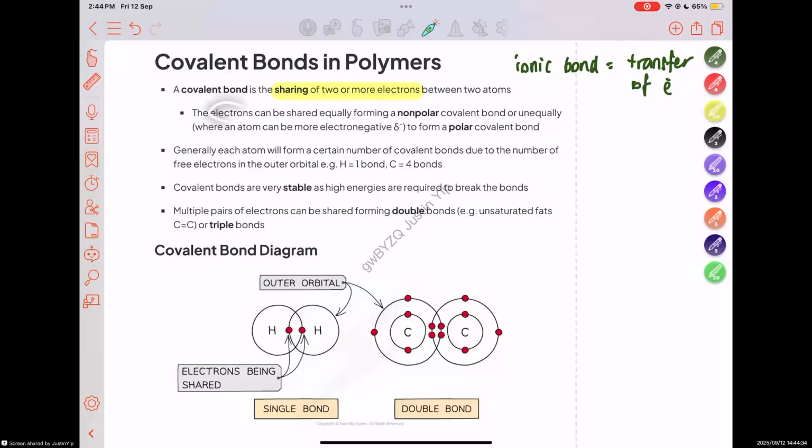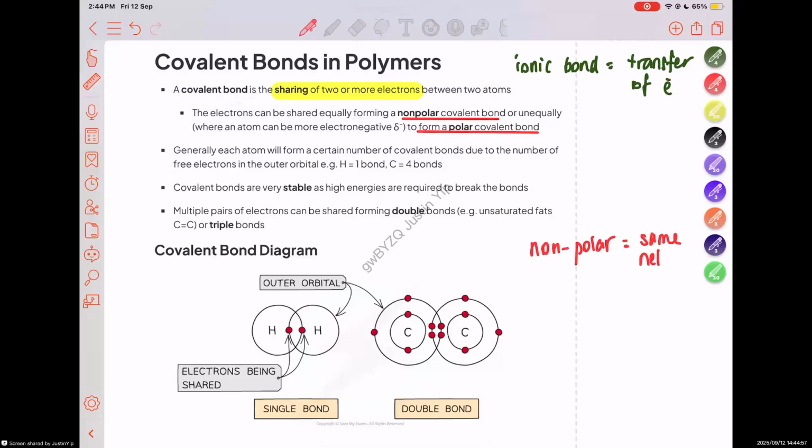Electrons can be shared equally, forming a non-polar covalent bond, or unequally to form a polar covalent bond. So what is non-polar and polar? You can remember non-polar as having the same electronegativity, or to be simple, it's like a neutral molecule.